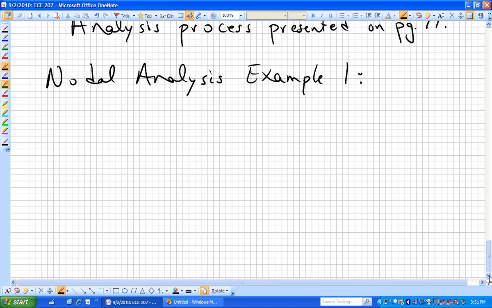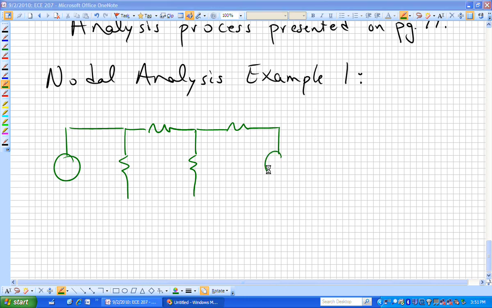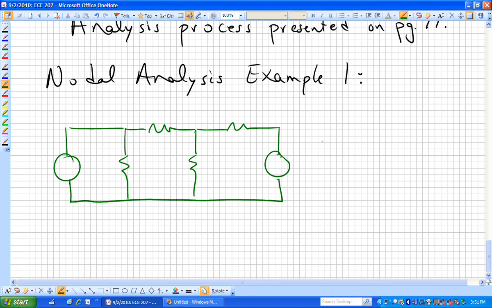Example 1. Say that first source is a current source on the left, I sub A. Let's say this other source is also a current source.